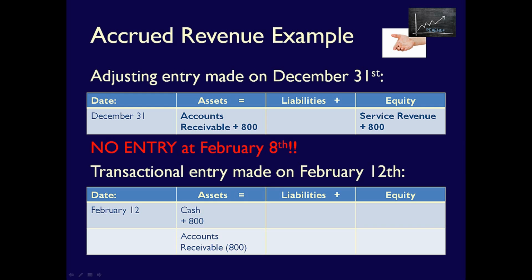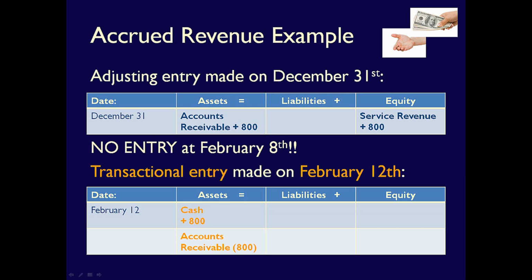The following year, when the company sends out an invoice, they have no entry. When they finally collect the cash from their customer, they have a right to record a transactional entry. Remember that this is an external transaction because they received cash from an outside party, and their asset, accounts receivable, decreases because they don't have any further right to collect cash in the future.